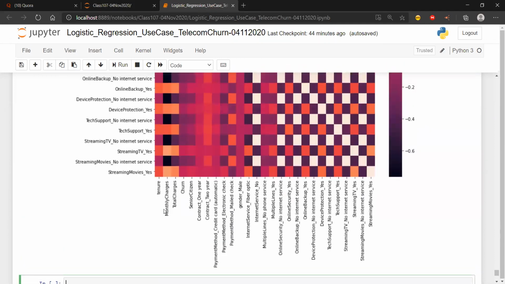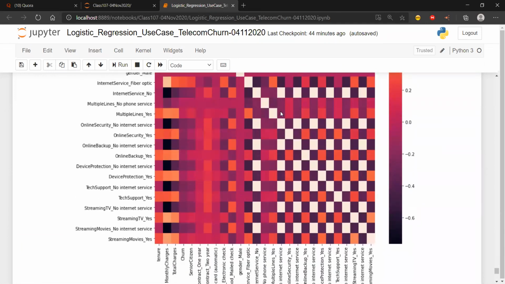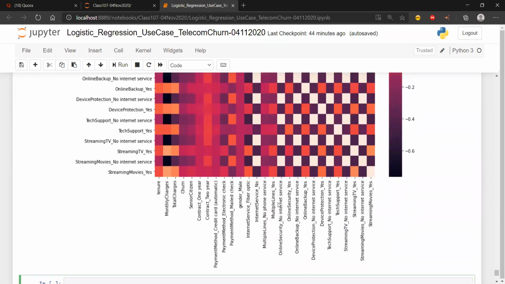Now, where is it? You see, there is a series of blacks here. So, online security, no internet service. This is one such field which is always black for any other yes column. So if I have a yes column, let me take a pen, then you will understand this. If I have streaming TV yes, this column always has a negative correlation, as I could see over here, over here, over here, with these no columns.